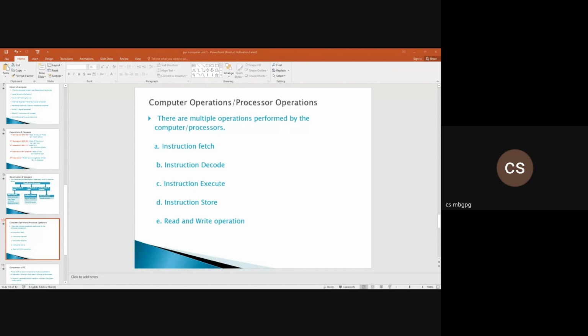And data can be defined as representation of your facts, your concepts, your instructions in a formalized manner, which is suitable for your communication, interpretation, for the purpose of human and for electronic machine. That is data. And information, after processing, what comes out?